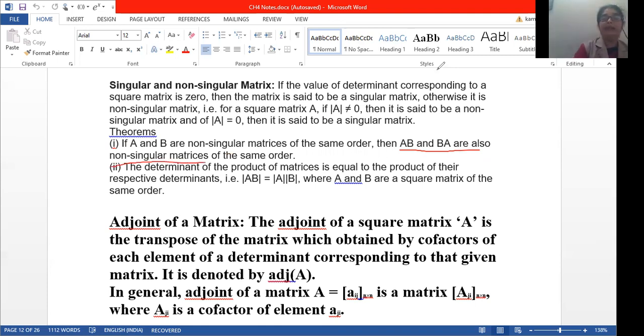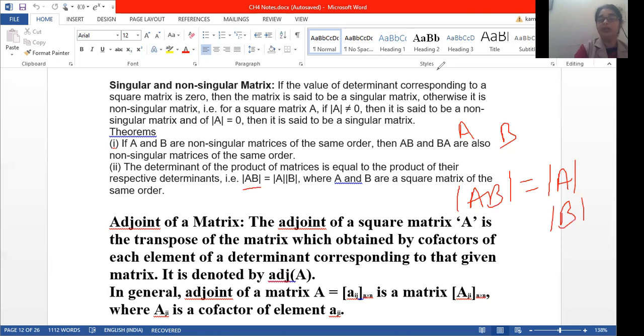Then, if you have to find the determinant of the product of two matrices A and B, you can find the determinant of A and the determinant of B, and multiply them. So this is again correct.